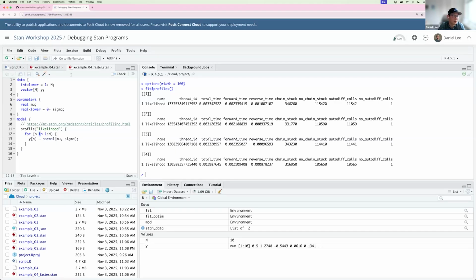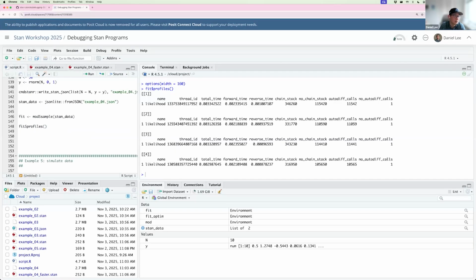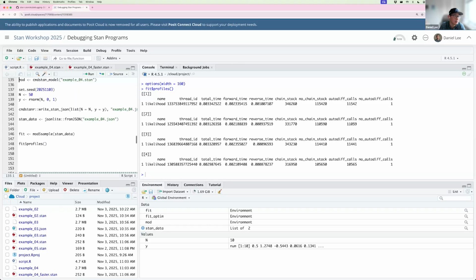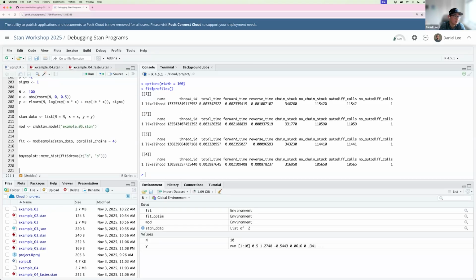I'd first run this version to make sure it is doing the right thing.